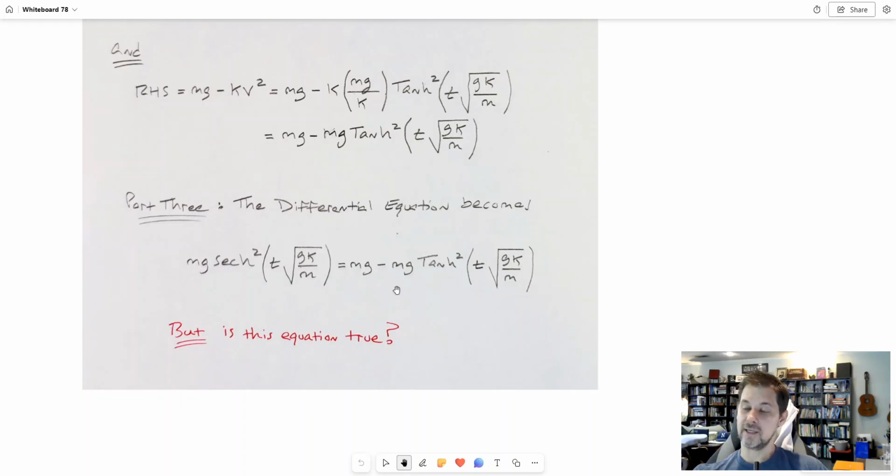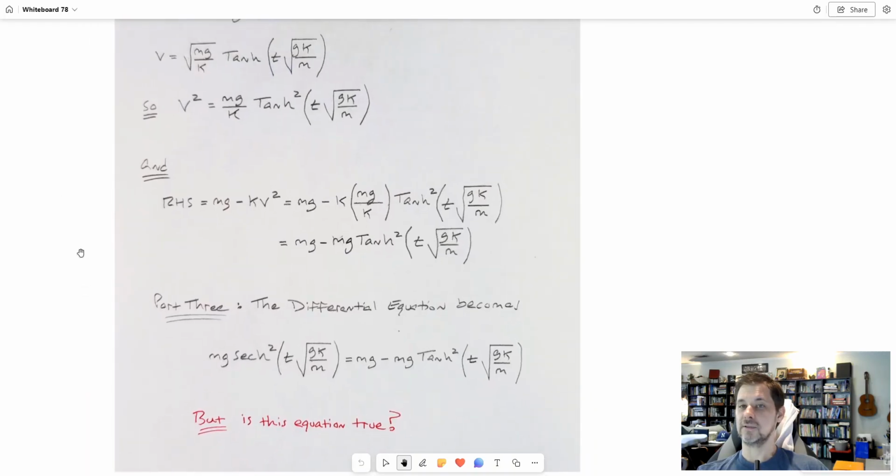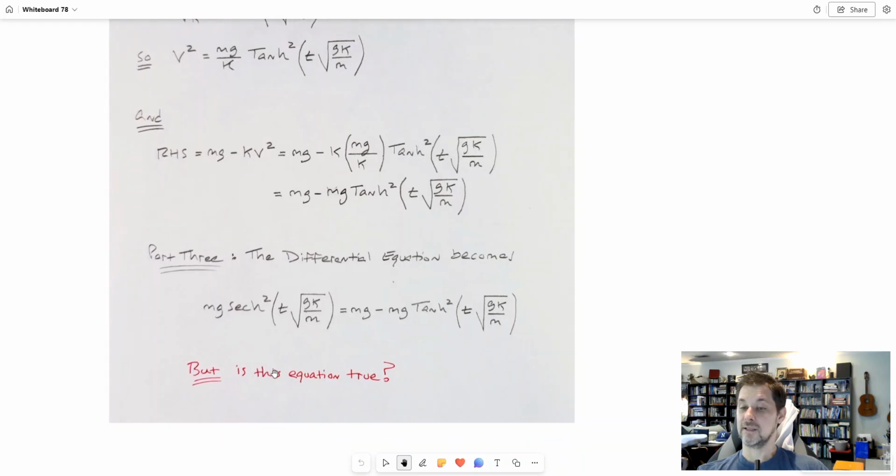The only next thing to do is to show that this is true, that these are in fact the same. Now, I'll make another video. I'll make an additional part to this to show you how we do that. But at this point, I don't want you to get too lost on that. I want you to be able to take that original differential equation, work out the left-hand side correctly and the right-hand side, and at least get to here. In the next video, we'll talk about how you show that they are in fact the same.